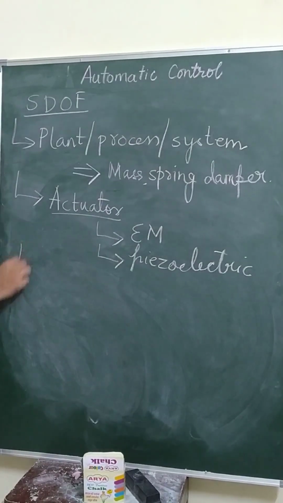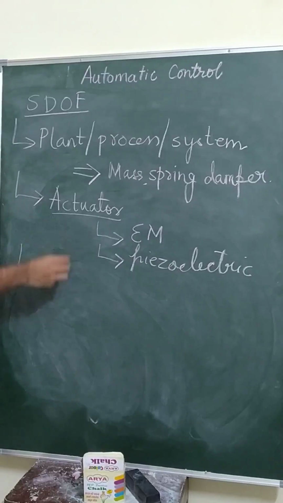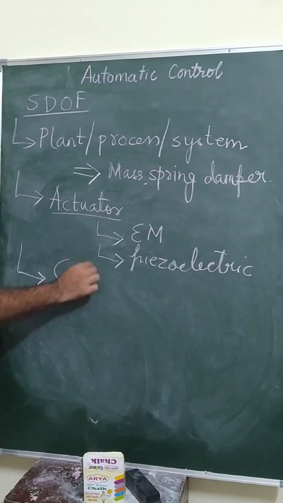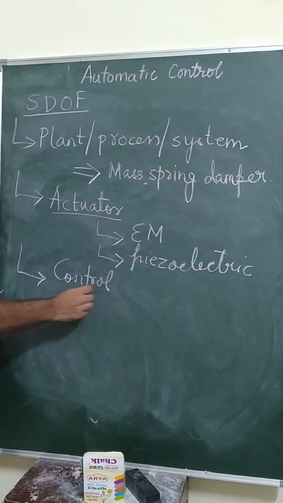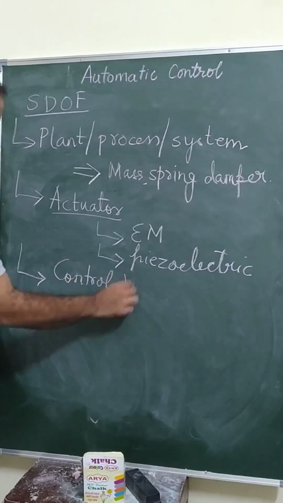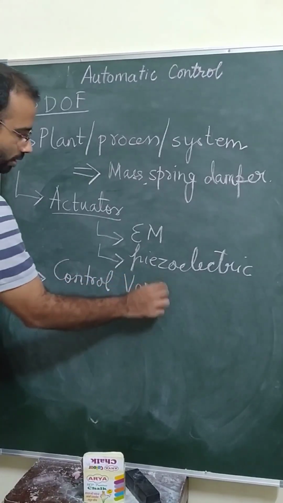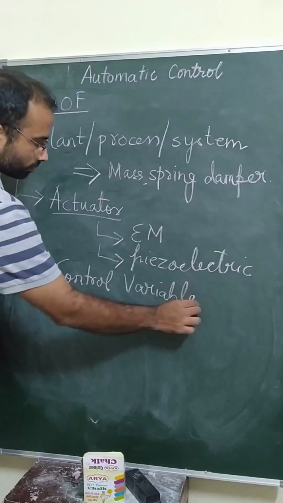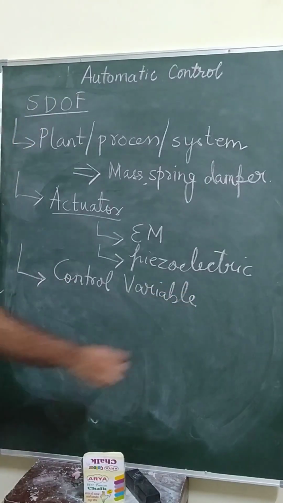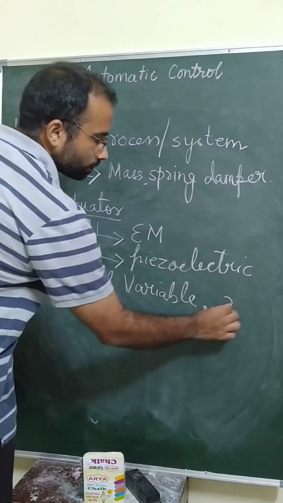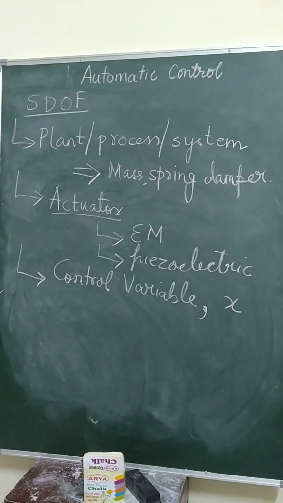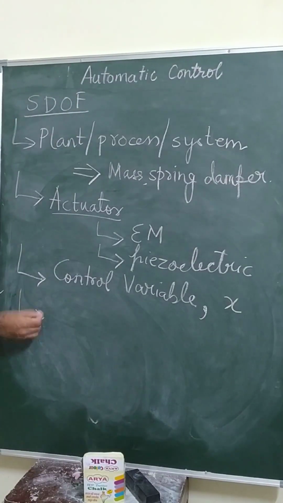Similarly, we said, what would be the control variable? Of course, the control variable would be the variable that we want to control, and that is the displacement of the mass, x. Right? Similarly, we said that there is something called the sensor.